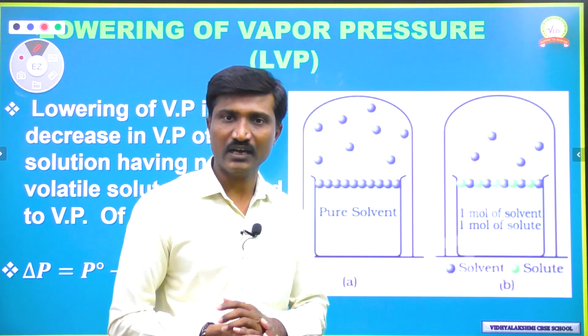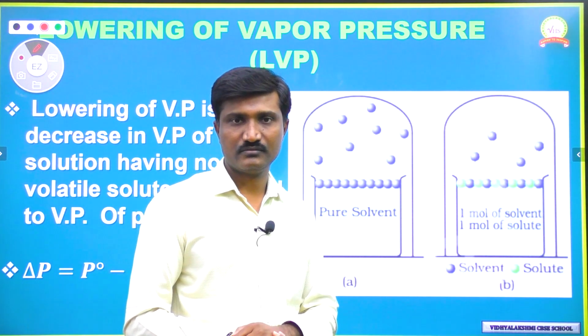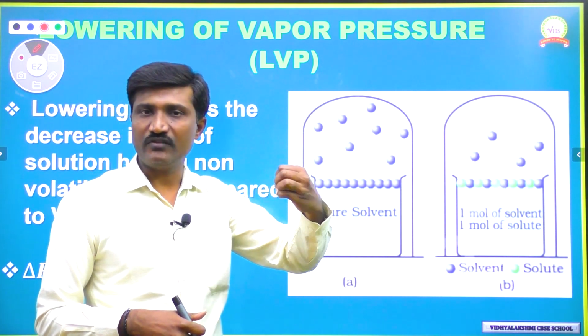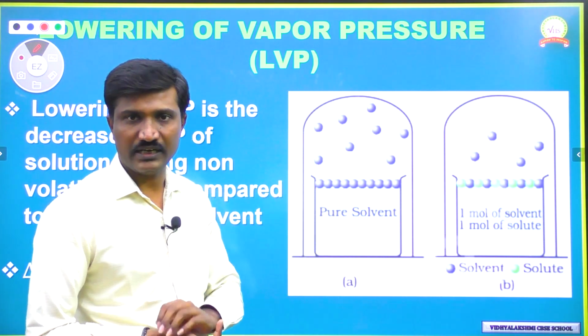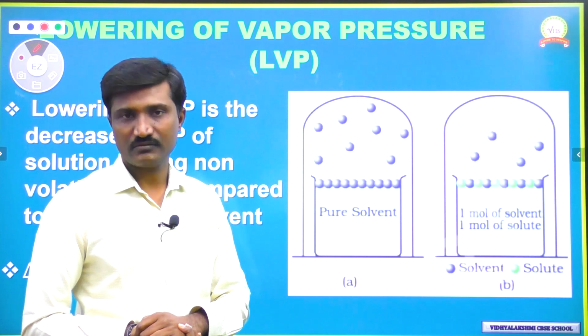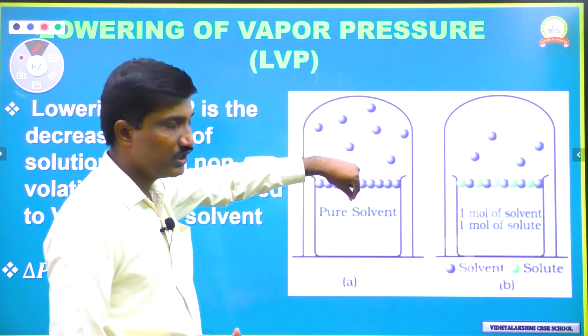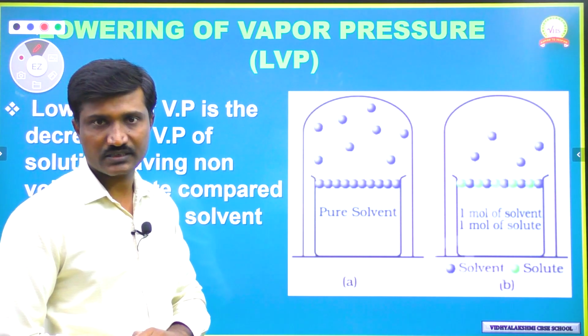No, because they are non-volatile in nature. If a substance does not show volatile character, we call it a non-volatile substance. Such a non-volatile solute I am adding to this pure solvent.